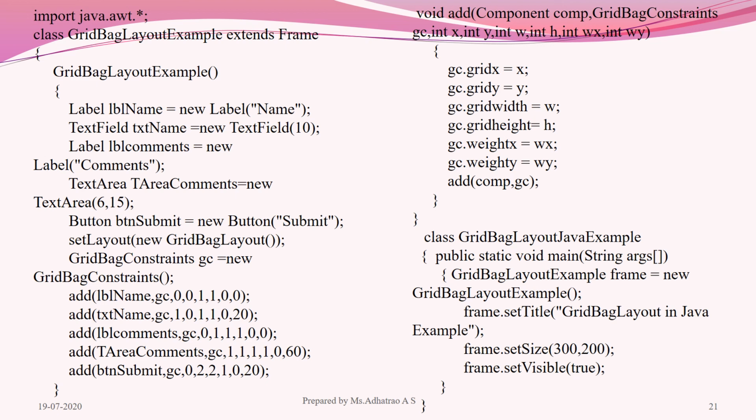So define the object of GridBagConstraints, and add it by following the object of the component, the object of GridBagConstraints, and the parameters: integer x, y, width, height.